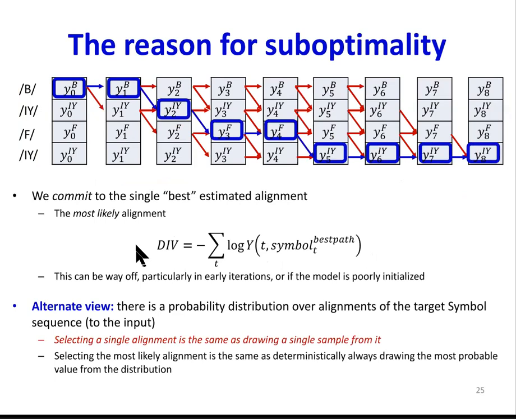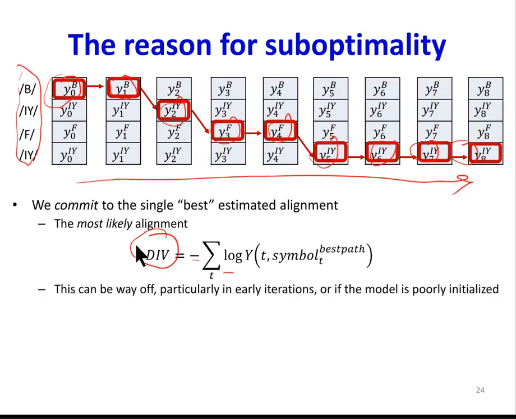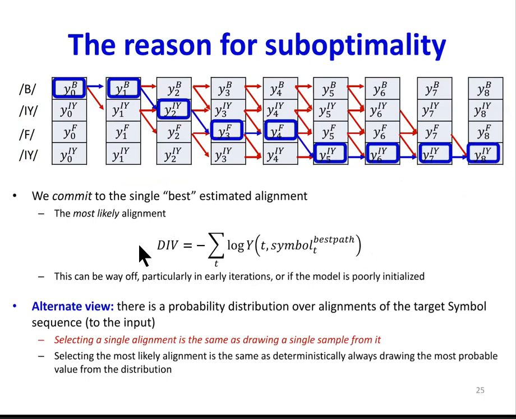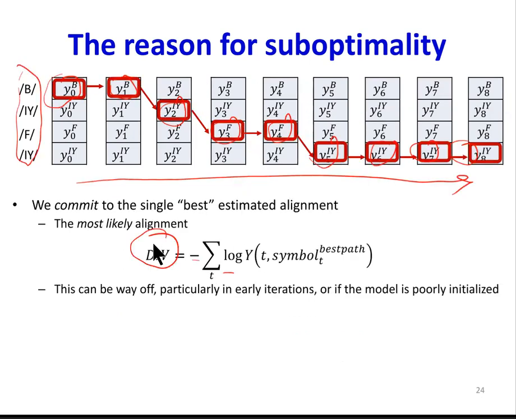Now, the potential problem with this approach is that we are committing to a single alignment through the model, right? And that may be wrong, that may be very wrong, and you're going to get stuck in a bad place.